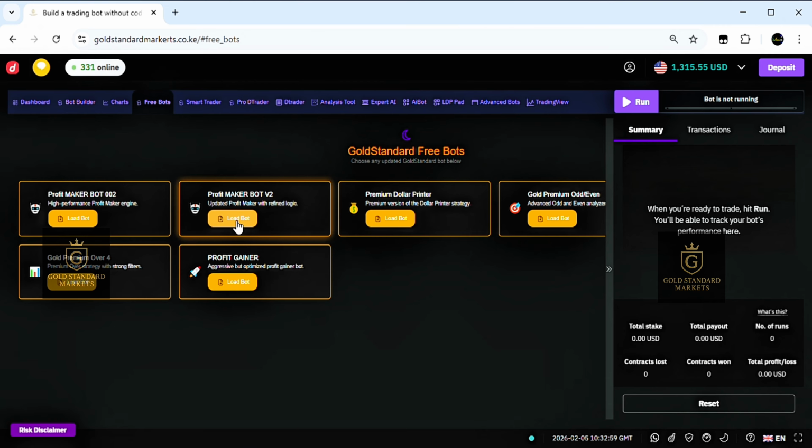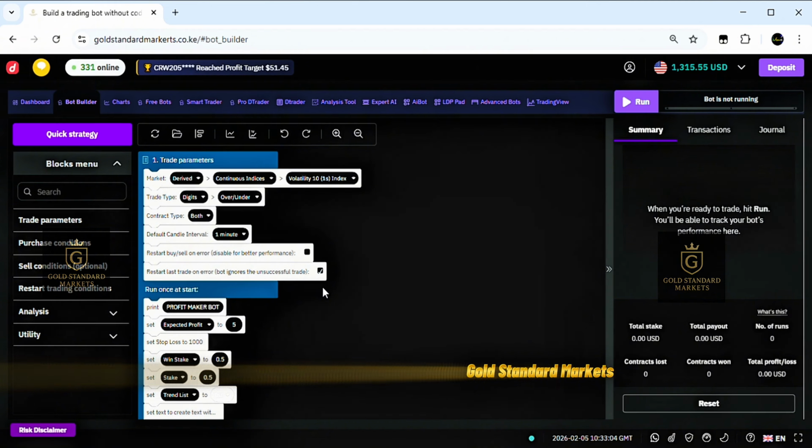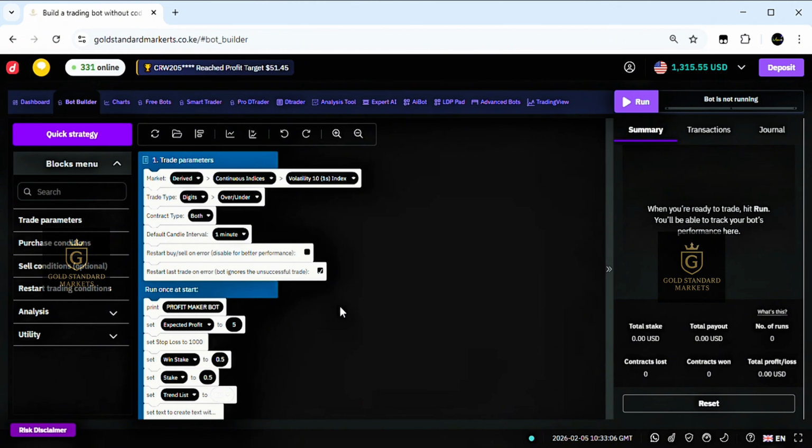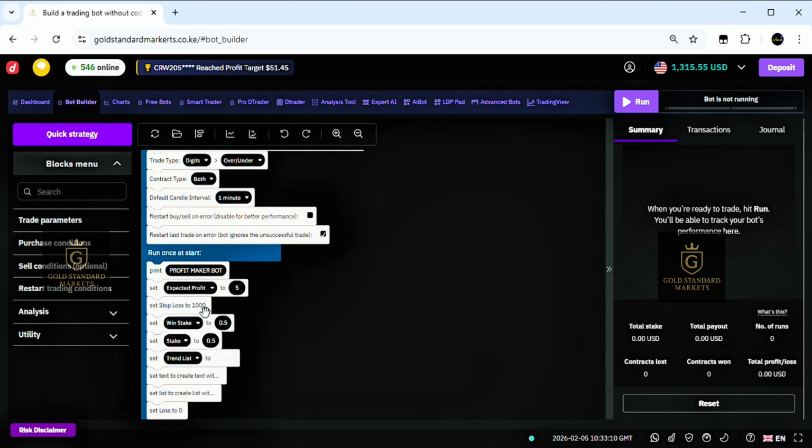So we load it up, as you can see. Now this is what it's going to look like. The next thing I like to do is I always change the stake to $5 instead of the 0.5. I change it to $5, and then the next one too, I change to $5.